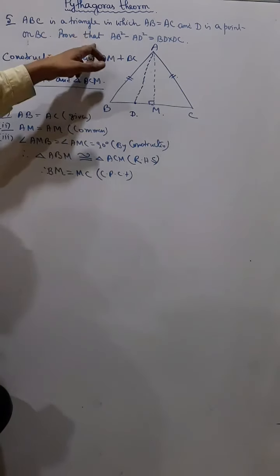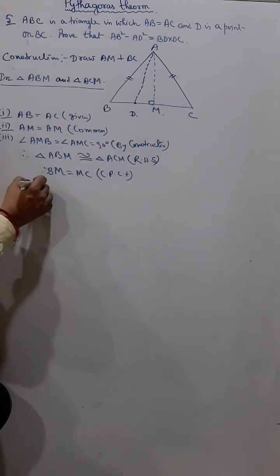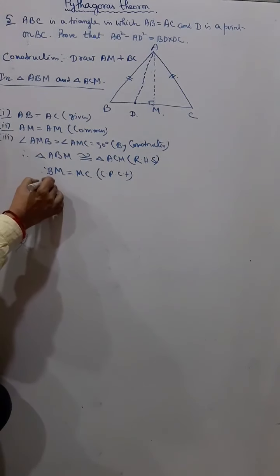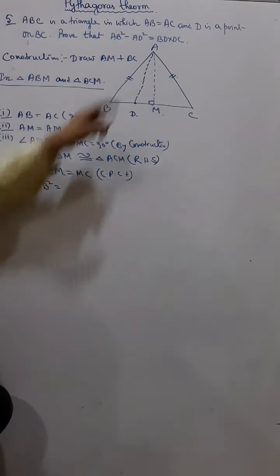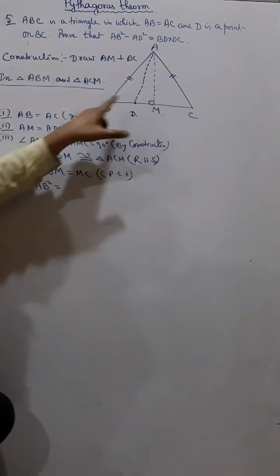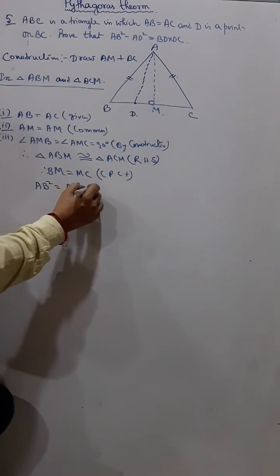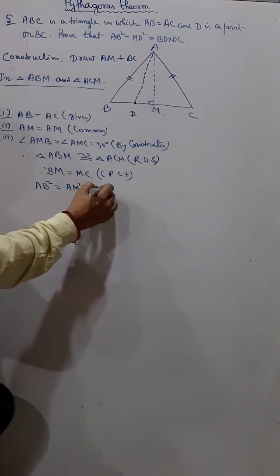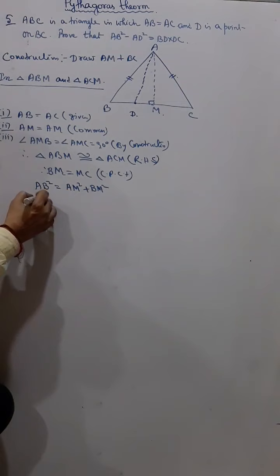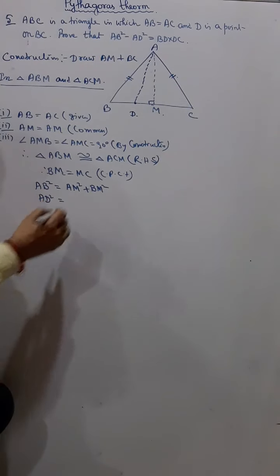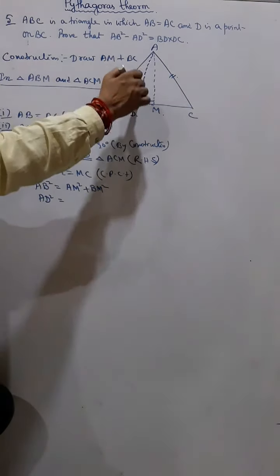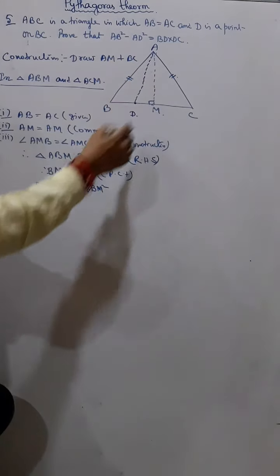Now what we have to prove? We have to prove AB square minus AD square. Now AB square is AM square plus BM square. And again AD square is AM square plus DM square.